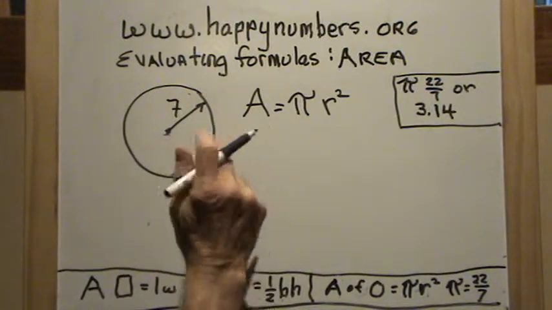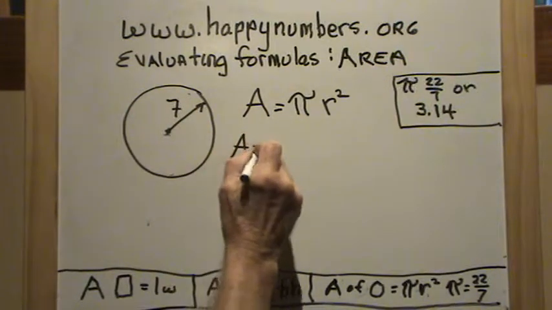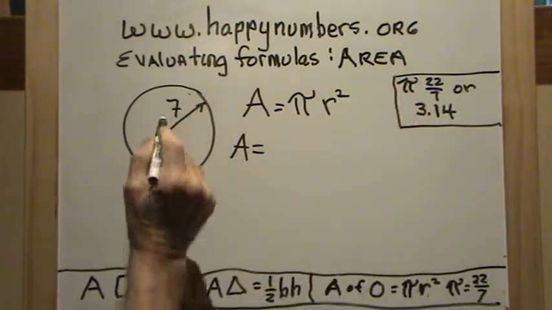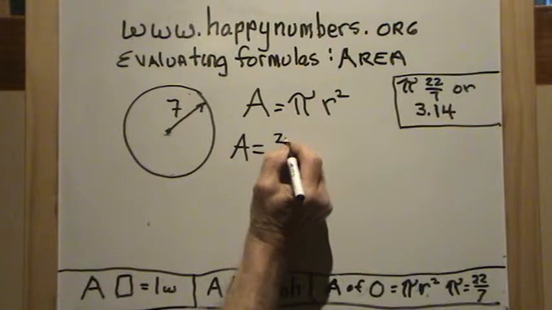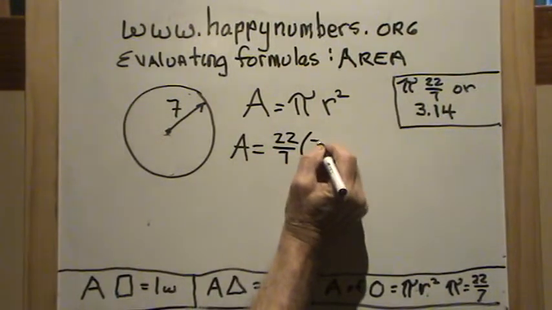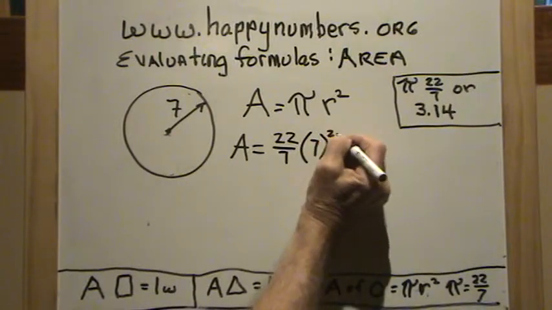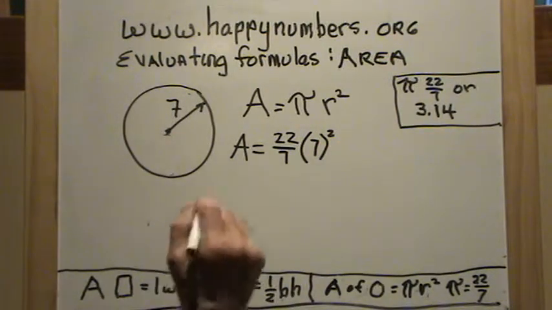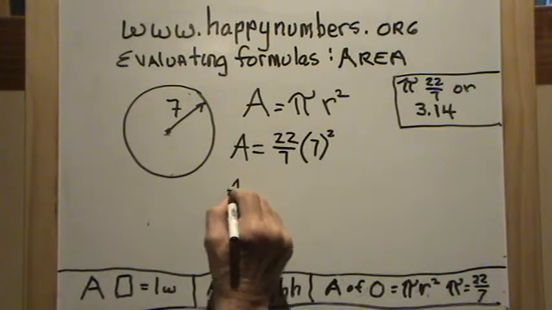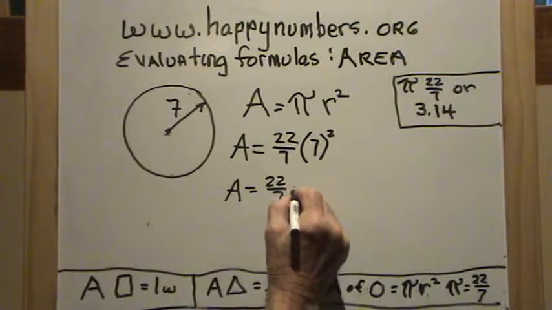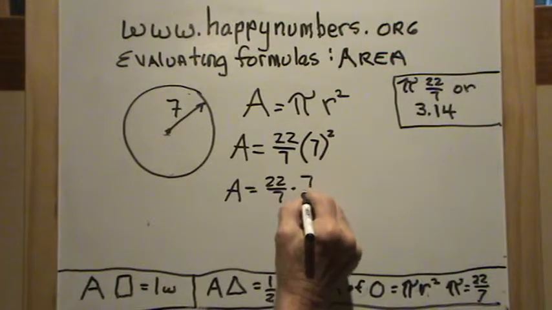Okay, so we know the area is equal to pi, and I'm going to use 22/7 times 7 squared, or 7 to the second power. So our area would equal 22/7 times 7 over 1.